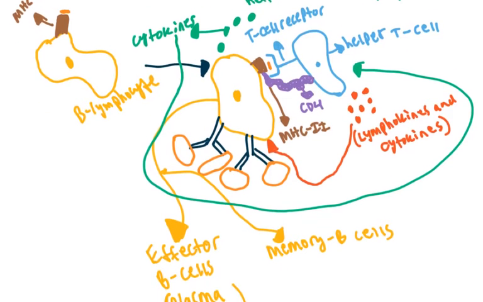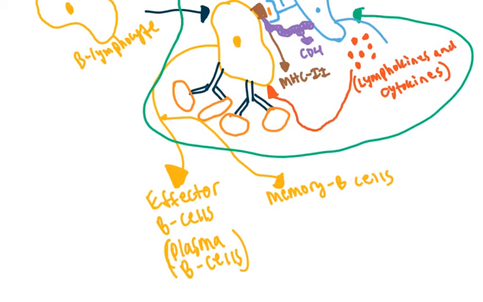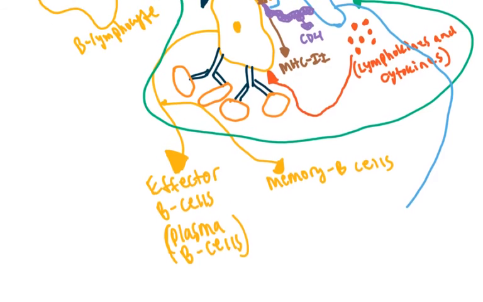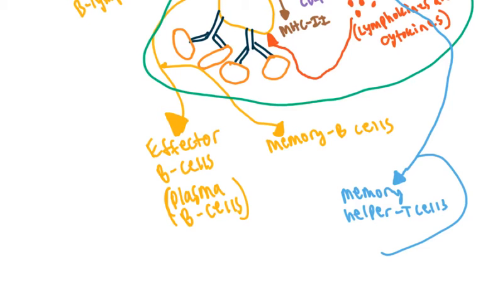And once these cytokines bind to the helper T cell, they can cause the helper T cell to start proliferating into two main types of helper T cells. One main type is memory helper T cells, and our effector helper T cells.